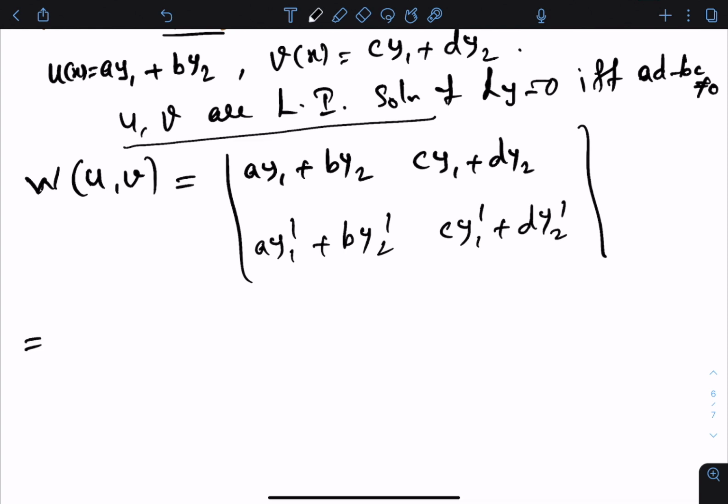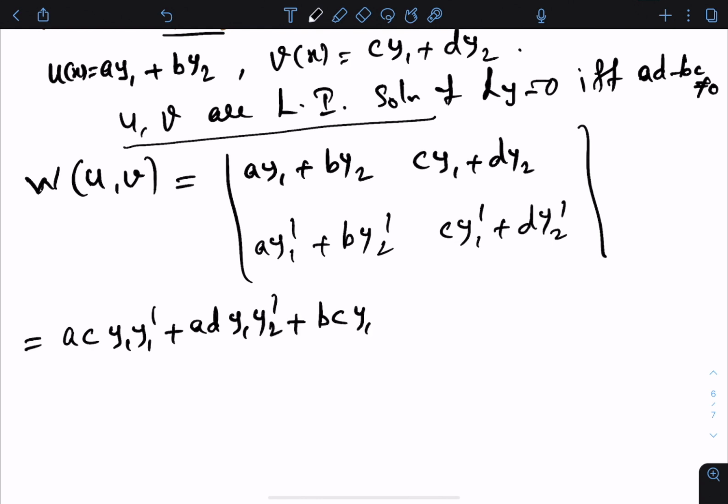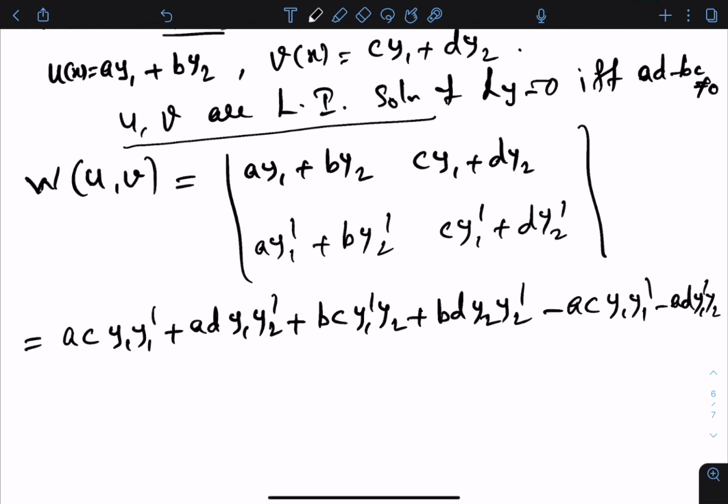So what we have is AC Y1 Y1 prime plus AD Y1 Y2 prime plus BC Y2 Y1 prime plus BD Y2 Y2 prime, minus AC Y1 Y1 prime minus AD Y1 prime Y2 minus BC Y2 prime Y1 minus BD Y2 prime Y2.